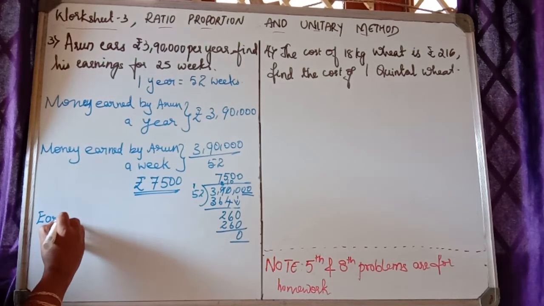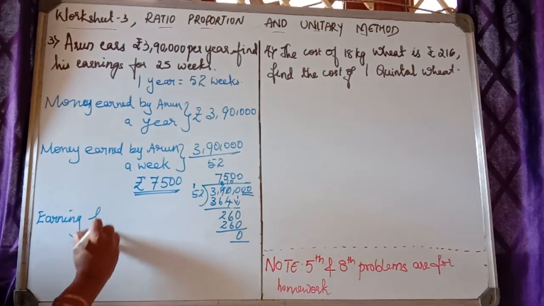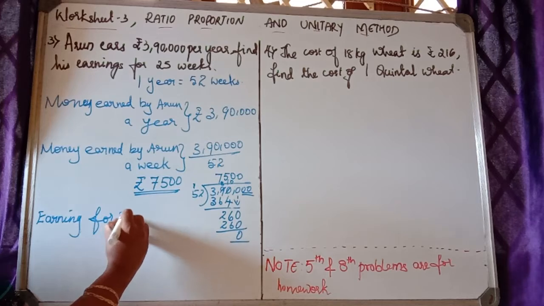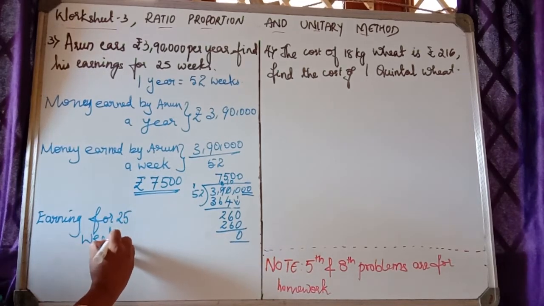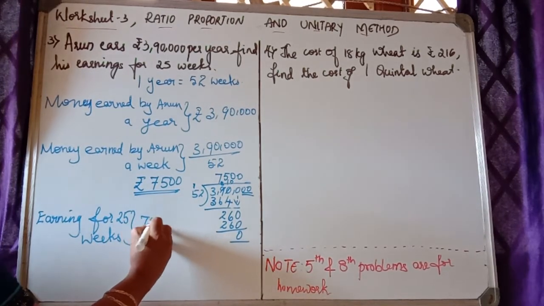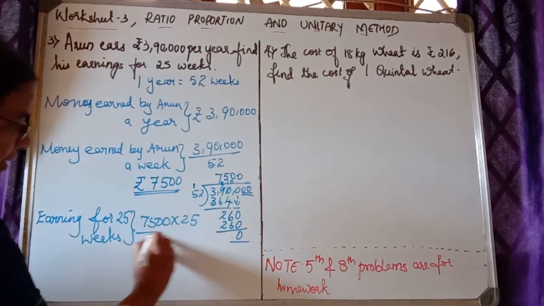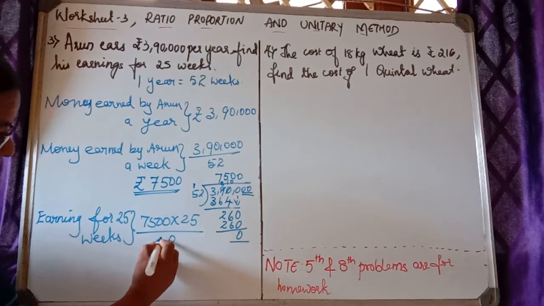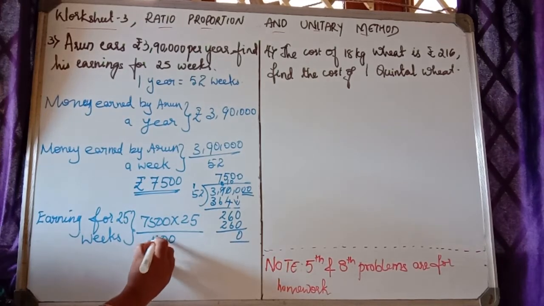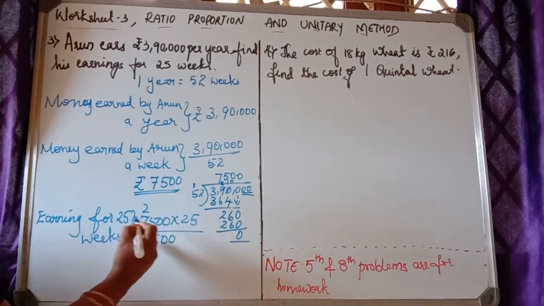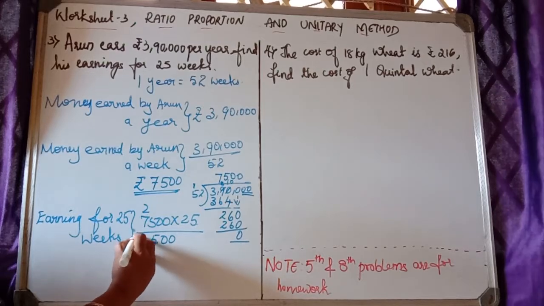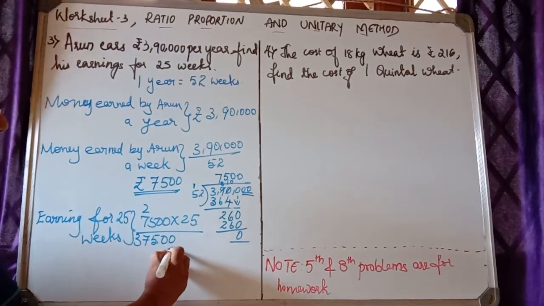Earning for 25 weeks is equal to 7,500 into 25. 5 5s are 25, remainder 2, 5 7s are 35 plus 2, 37.